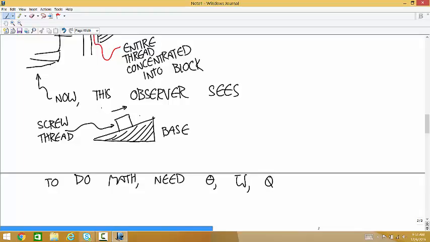Since that surface area doesn't matter for the friction calculation, we're just going to assume that it's a small amount of surface area, all concentrated in one spot, and then we can think of it the way that we have in the past.